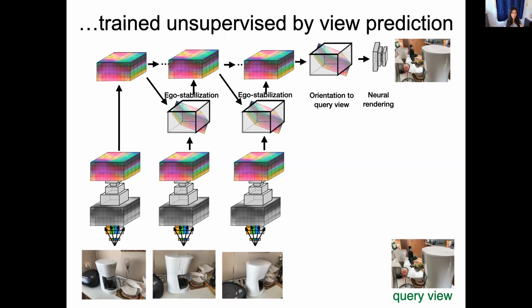It orients its map and neurally projects it, renders it to an image, and it goes to that query viewpoint and computes a loss. Okay, and we have later works where the objective, instead of being a Euclidean distance in pixel space, is a contrastive pixel-wise matching, which is more robust to real-world illumination changes and stochasticity of content and so on.